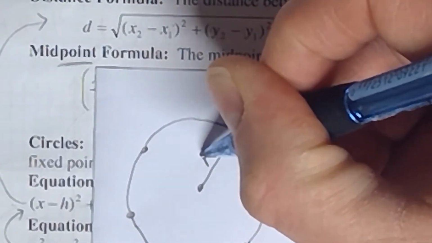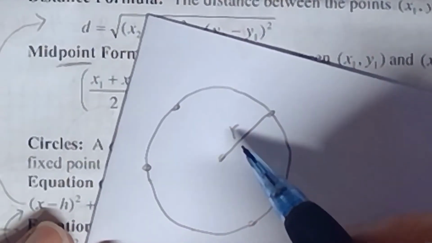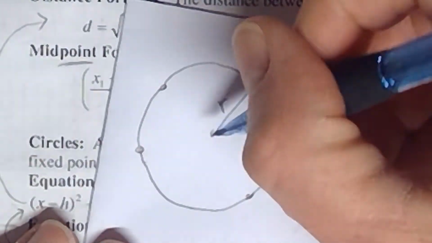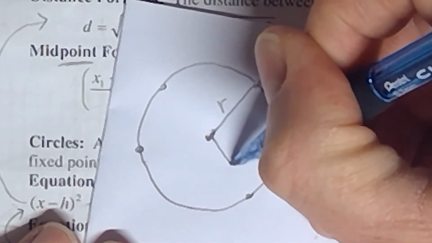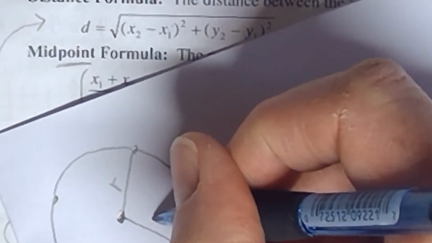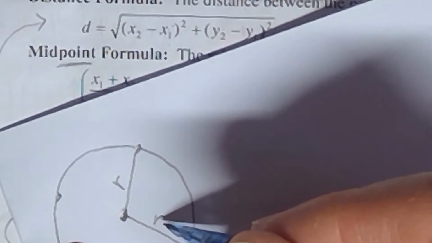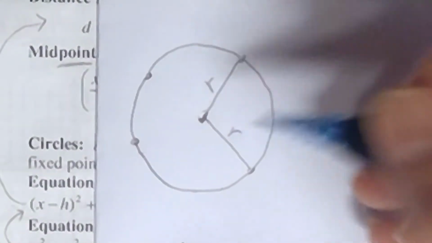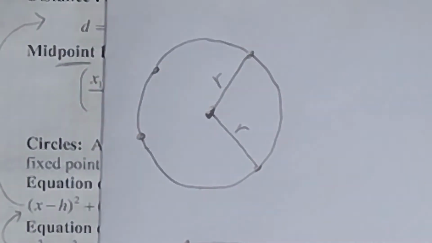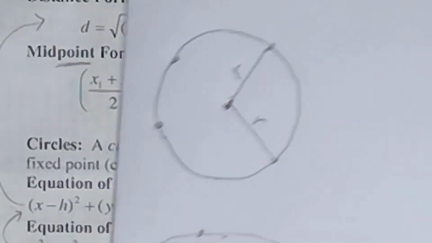I'll call it R for short. That's the distance from the center to any point on the circle because all the distances are the same. So this is also a distance of R. All these other ones are also a distance of R. What is R? Well, it's called the radius, but it's going to be different depending on the problem.